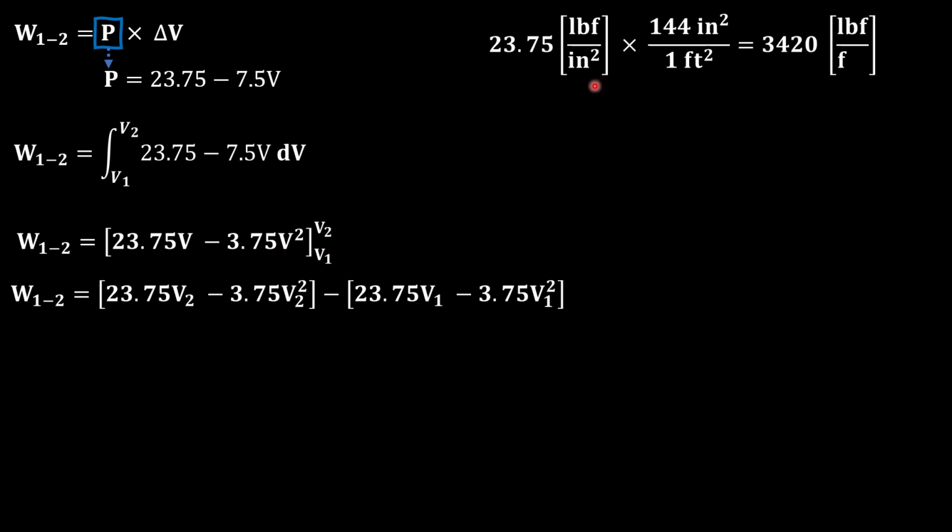Because the 23.75 was found in inches and we are asked to find things in feet, before we proceed it's a good idea to convert the 23.75 and the 3.75 from inches to feet, and that's what we did in here. To convert the 3.75, we will also use the same conversion factor, which is 144 inch squared is equivalent to 1 feet squared.